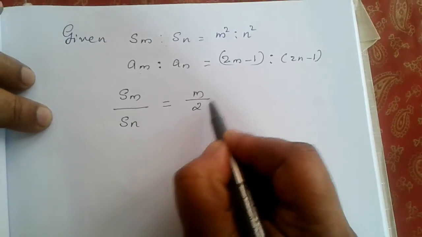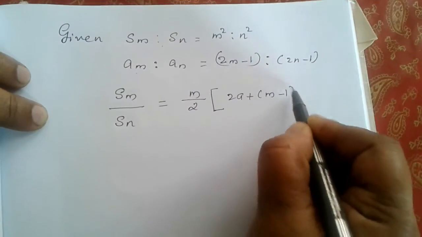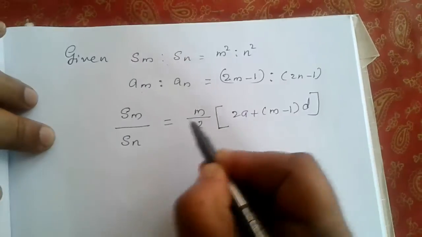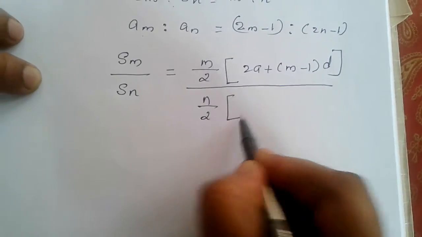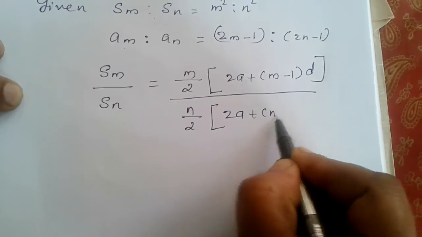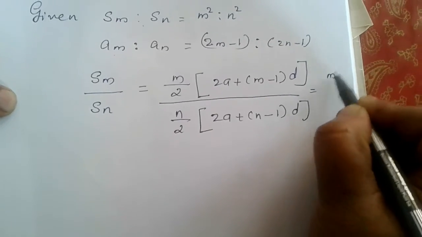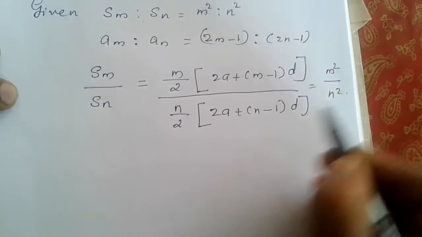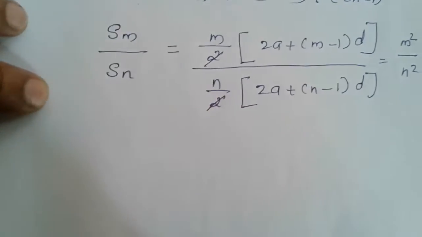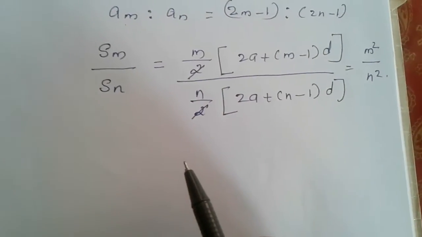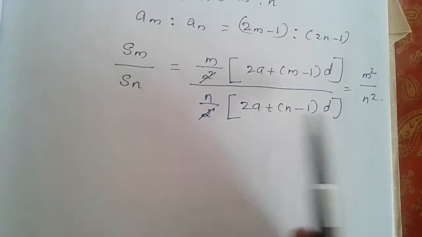Therefore, m by 2 into 2a plus m minus 1 into d, by n by 2 into 2a plus n minus 1 into d, equal to m square by n square. It is given in the question. So the by 2 we can cancel, and we take m to the opposite side and n also.